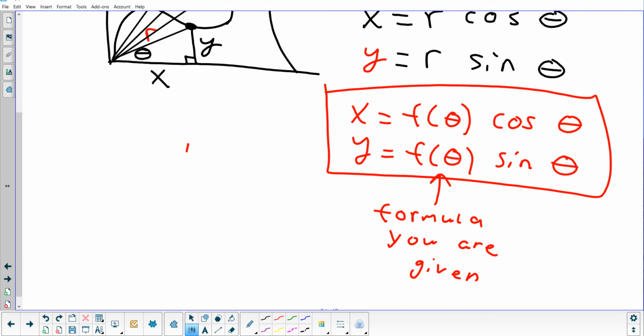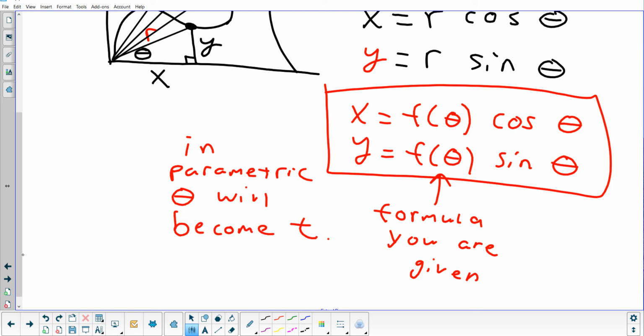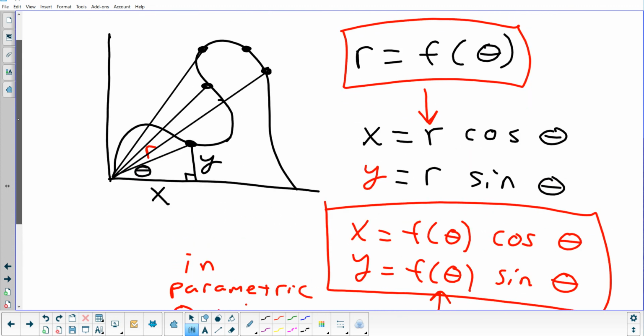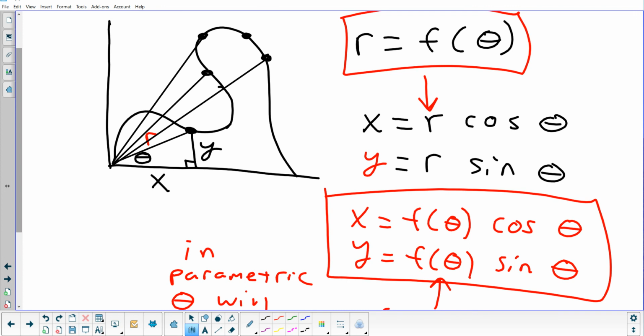So in parametric, theta will become T. When we graph this on the calculator, we're going to have to use a T. You can't use theta. But that's how you convert polar to parametric. Take the polar equation times the cosine, and the polar equation times the sine.